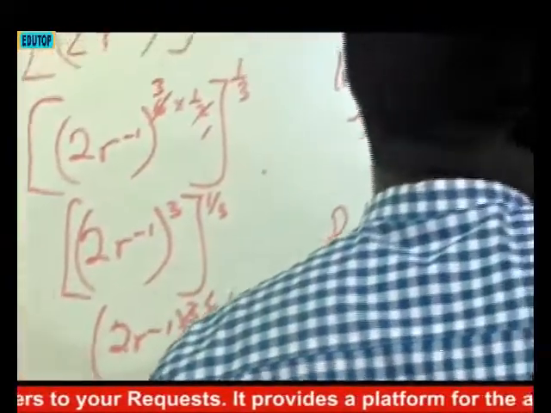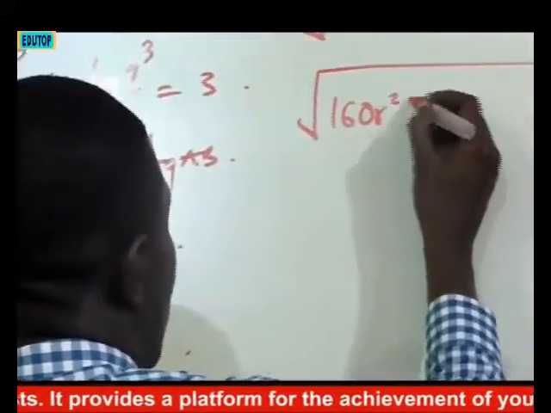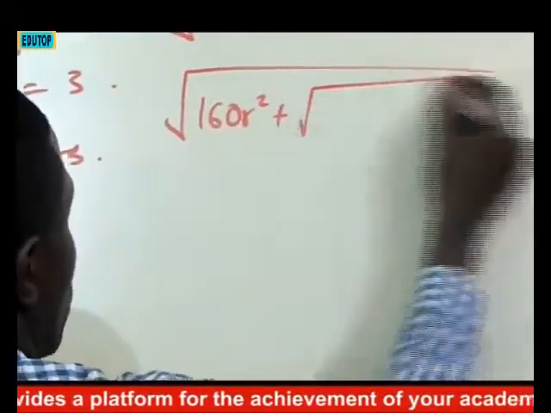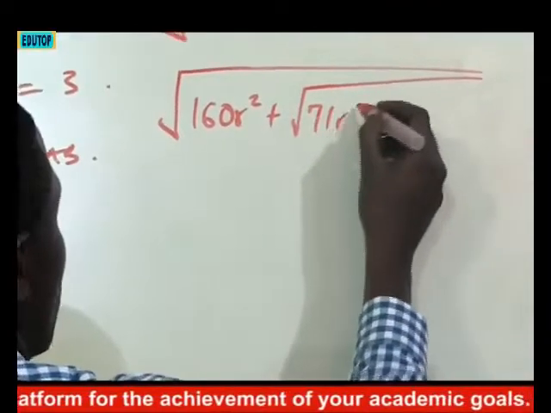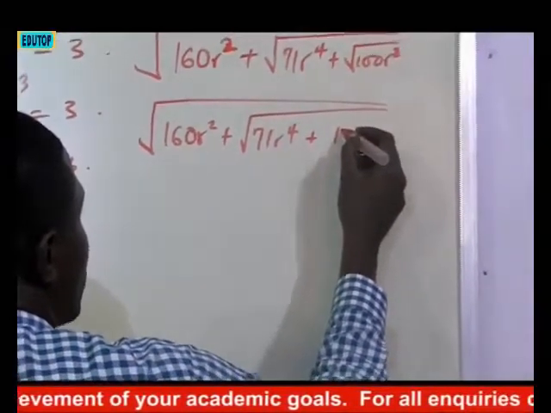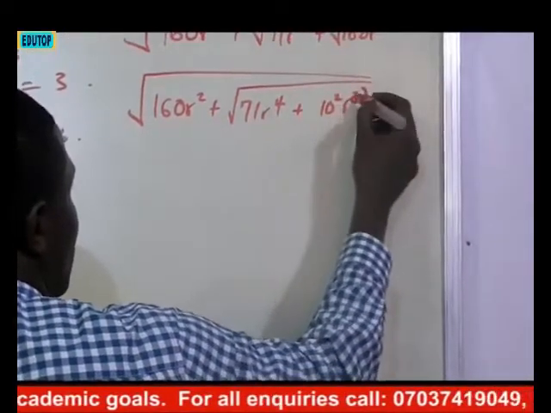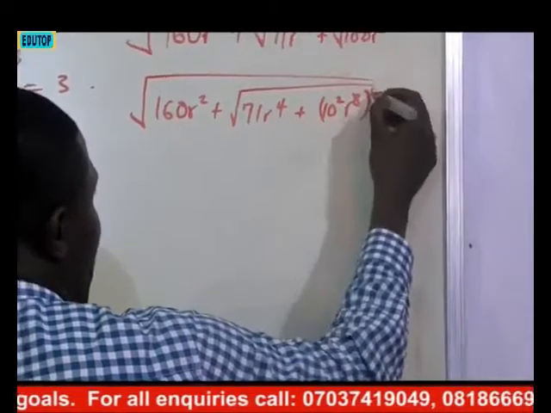What it means is that what I am having is this 160 r squared plus the square root of 71 r raised to power 4 plus this one, which means 10 squared r raised to power 8, multiplied by half.